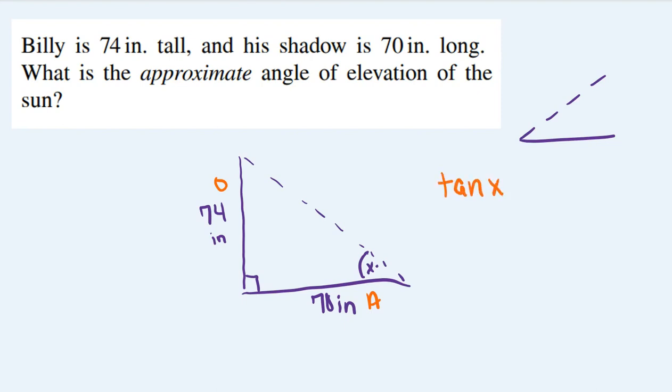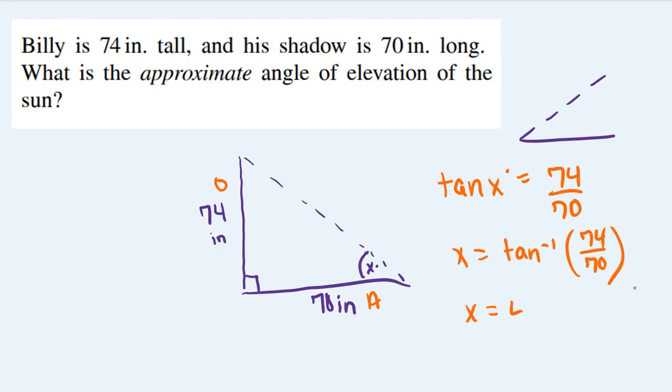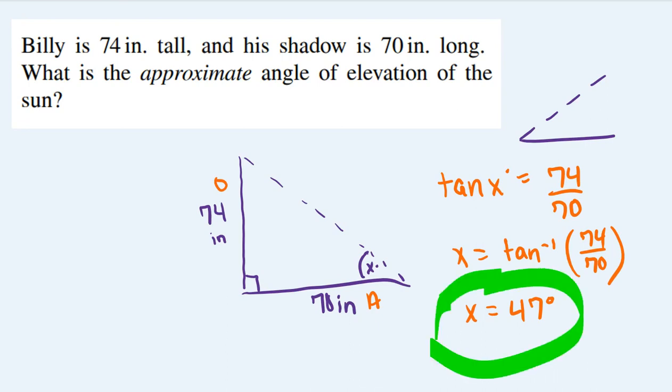Tangent of the angle equals opposite, which is 74, divided by adjacent, which is 70. When you're trying to solve for an angle, remember you take the inverse. So x equals tangent inverse of 74 divided by 70. When you put that in the calculator, you get about 46.59, so about 47 degrees. And that's the introduction to right triangle trigonometry.